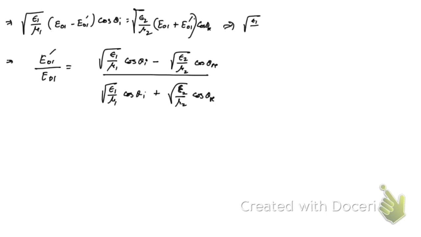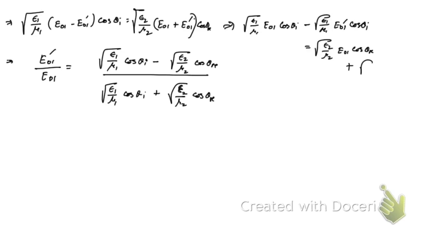Root over epsilon 1 mu 1 cos theta I, then minus root over epsilon 1 mu 1, then E01 dash, then cos theta I, that's going to be equal to root over epsilon 2 mu 2 E01, then cos theta r, then plus root over epsilon 2 mu 2, then E01 dash, then cos theta r. That's how we simplify.